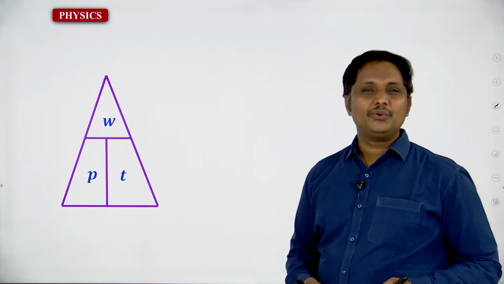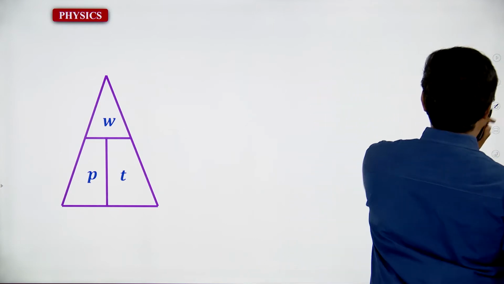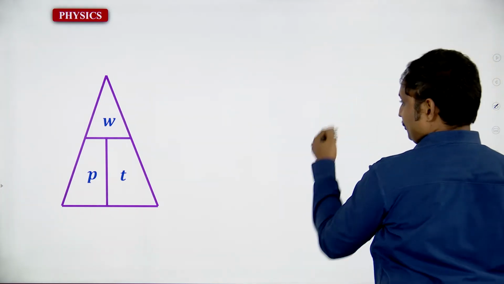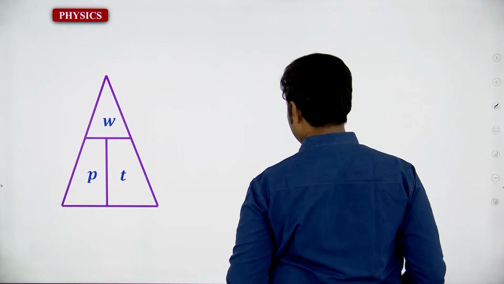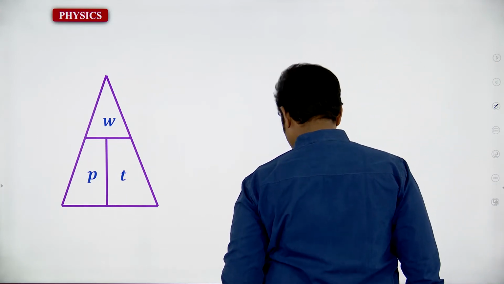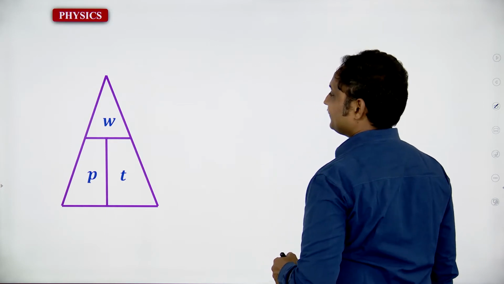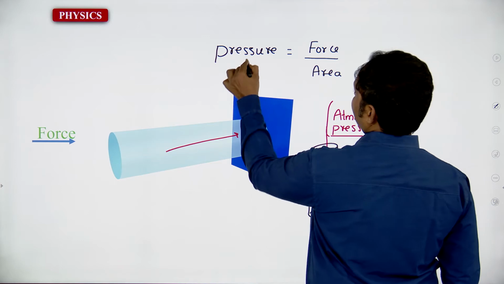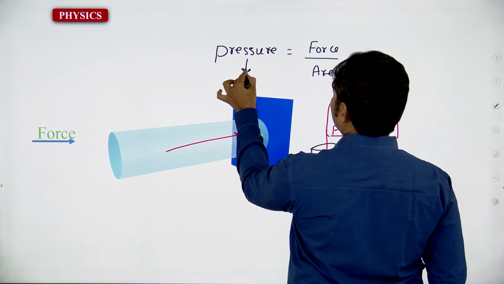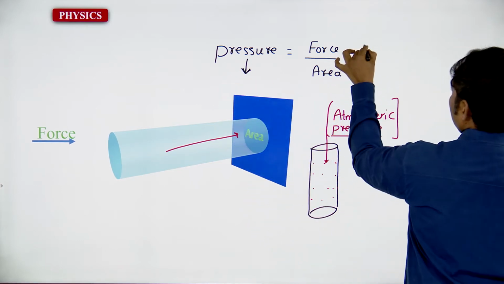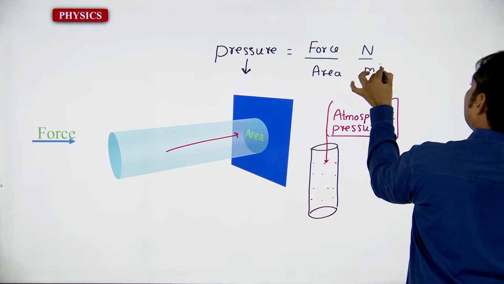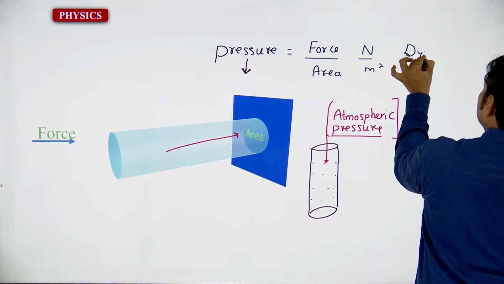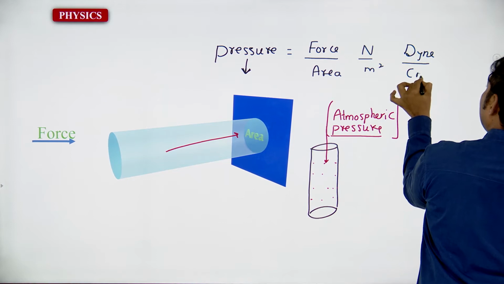Yes, if you remember this table, you can easily find out the special units that you have to use. In the previous case, you have Newton per meter square or dyne per centimeter square.